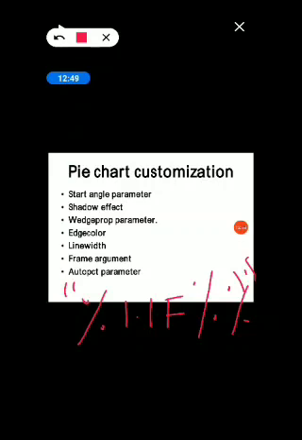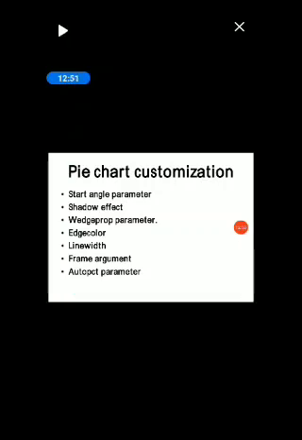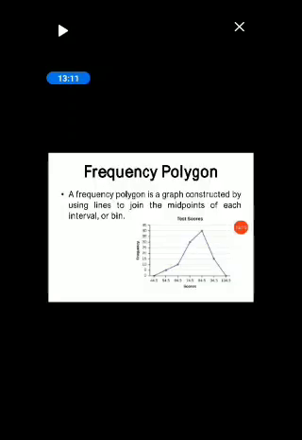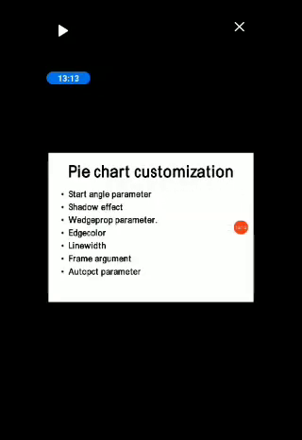So this type of argument, the autopct parameter, will show the percent share of each slice to the whole formatted in a certain way. Okay, so if you want the percentage inside the slices, you may use the autopct option. The percentage value may be computed as single value divided by sum of all the values into 100.